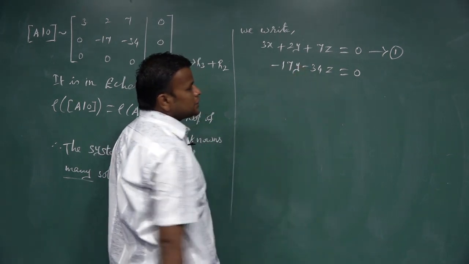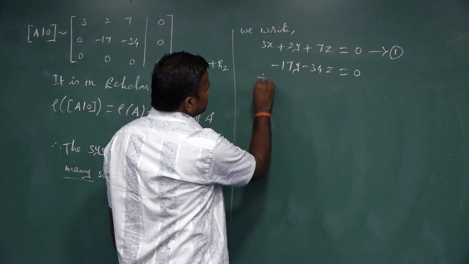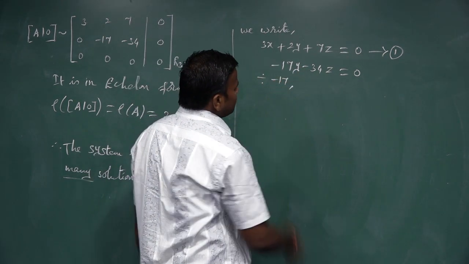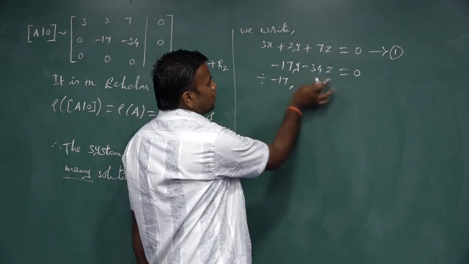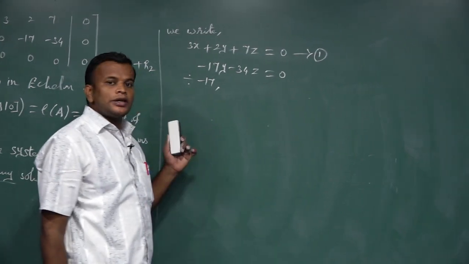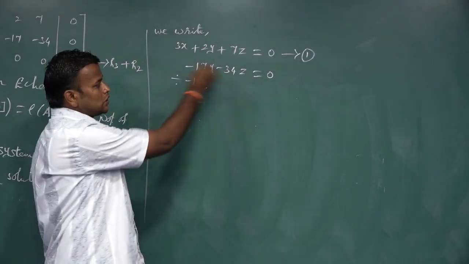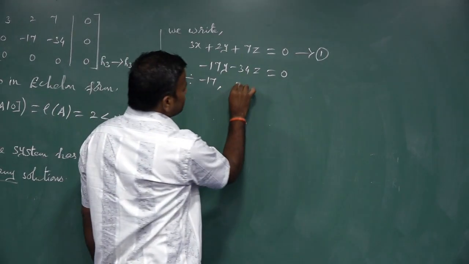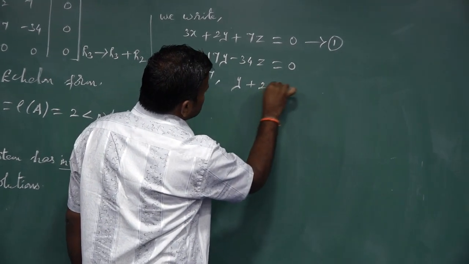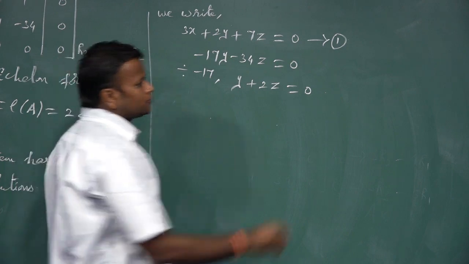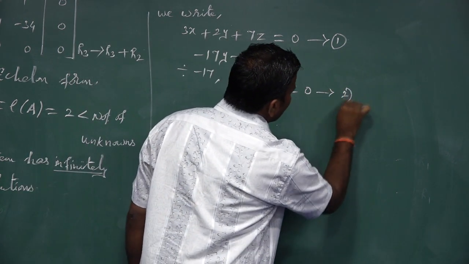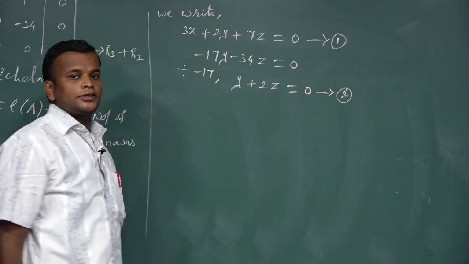And one minus is also common, so I divide by minus 17 on both sides for easy simplification. Then this equation becomes y plus 2z is equal to 0 by minus 17, which is also 0. I put this as the second equation.